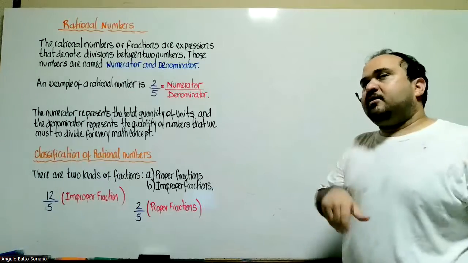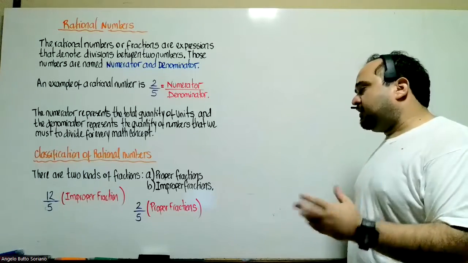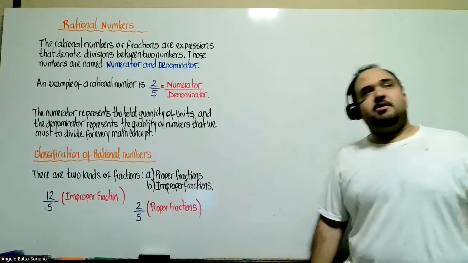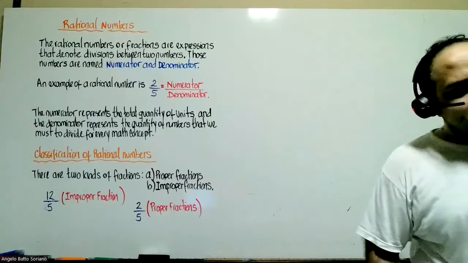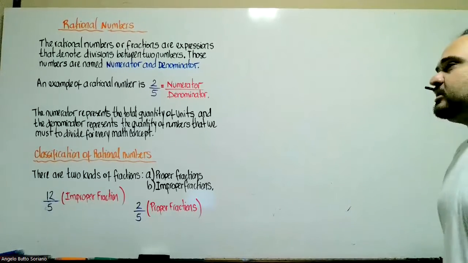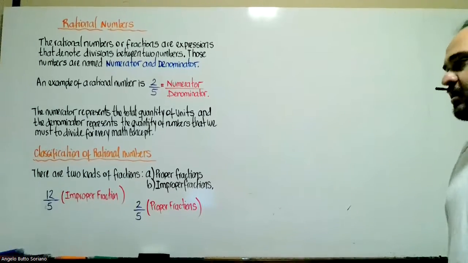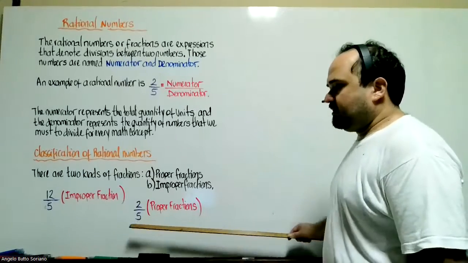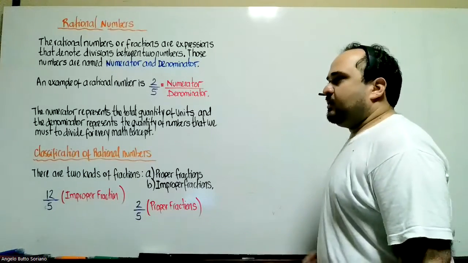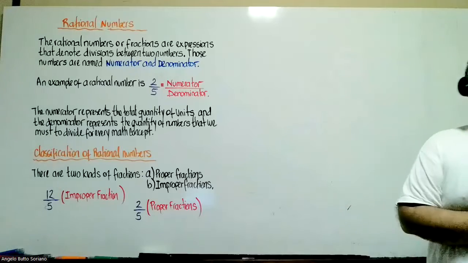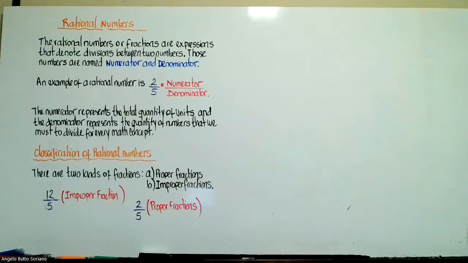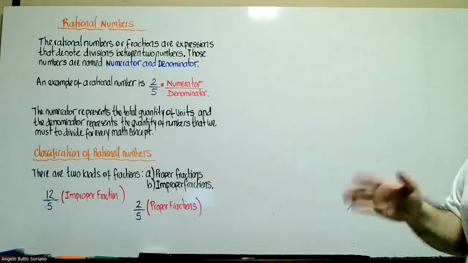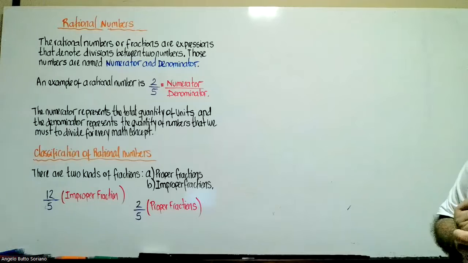But when the numerator is smaller than the denominator, we always get decimal numbers smaller than 1. For example, if you divide 2 divided by 5, another way of saying it is 0.2, okay? Because the numerator is smaller than the denominator.